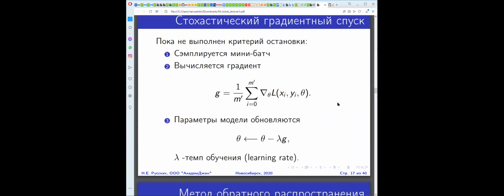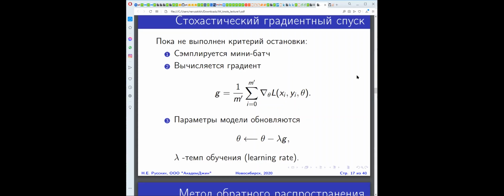So we need to compute the gradient of the loss function with respect to the model parameters, and models can be pretty big.